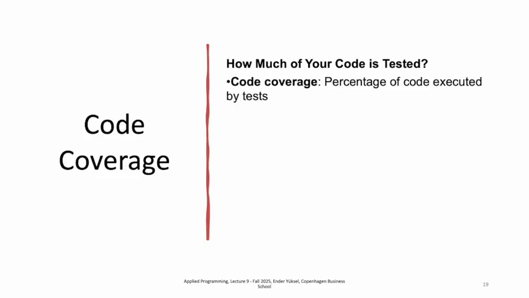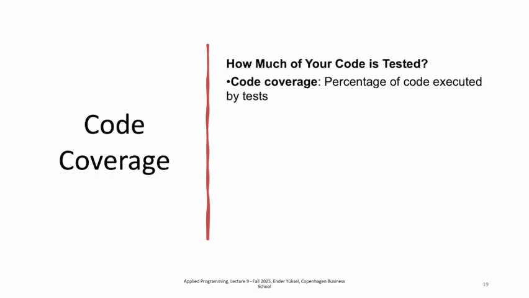Code coverage is a metric that tells you what percentage of your code is executed when your tests run. If you have 100 lines of code and your tests execute 80 of those lines, you have 80% code coverage. Let me show you why this matters with a business example. Imagine you've written a payment processing module.